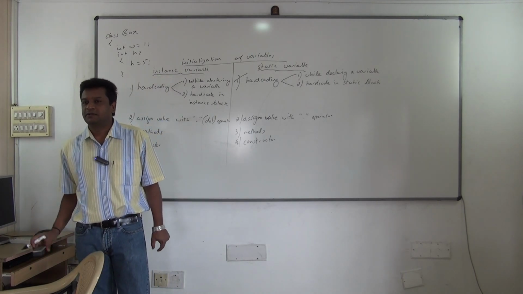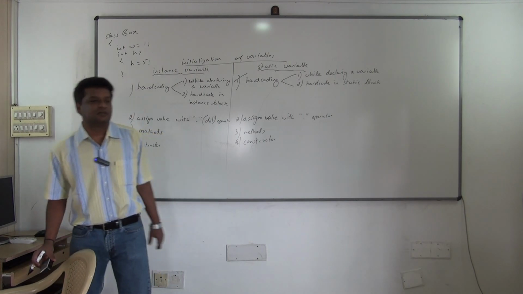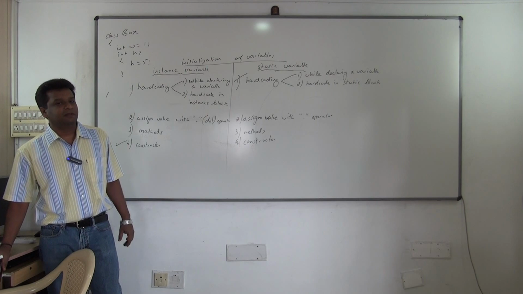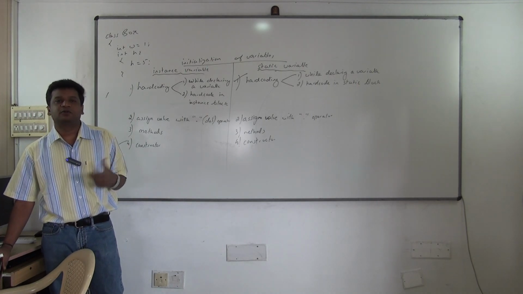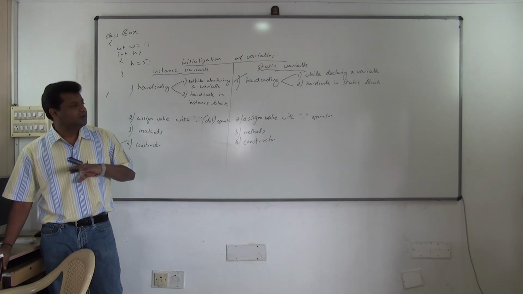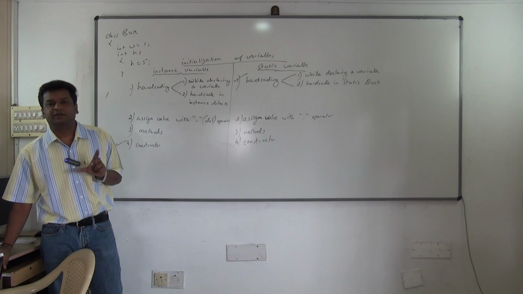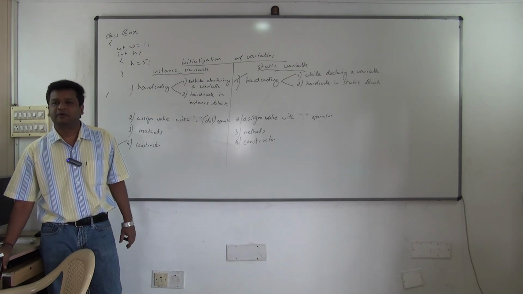Are you clear with this now? Any questions here? How do you initialize? Now let's see a little about memory also, how things are handled in memory. Where your instance variable is stored, where the static variable is stored, where the local variable is stored. All that we'll discuss today. Today we'll put the final nail into the coffin on the difference between static variable, local variable and instance variable. It will be very clear to you today.